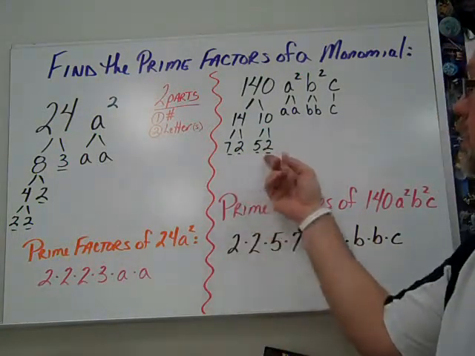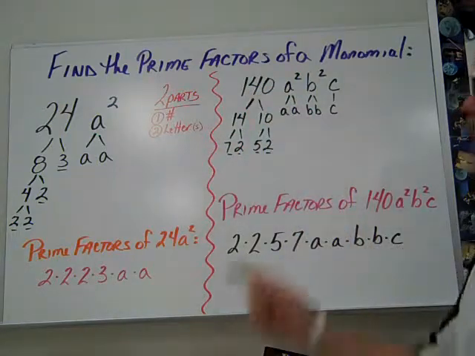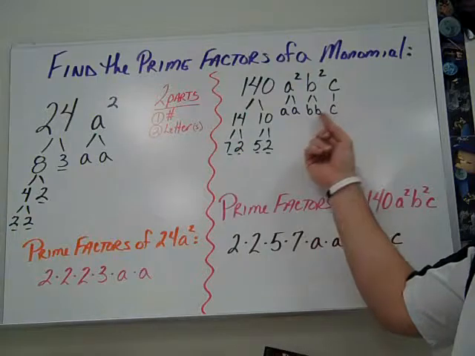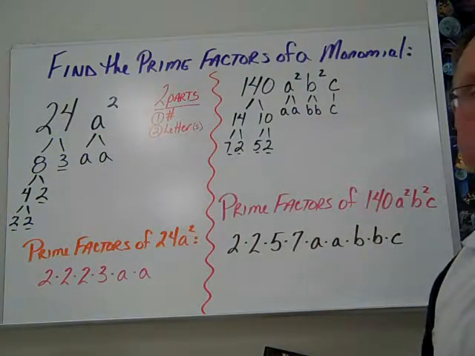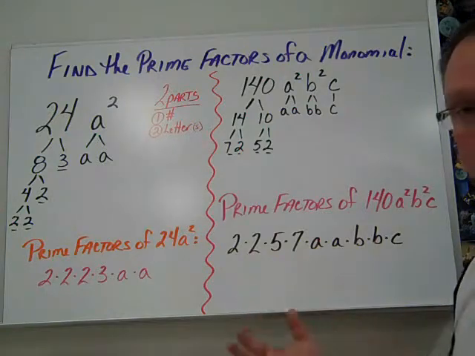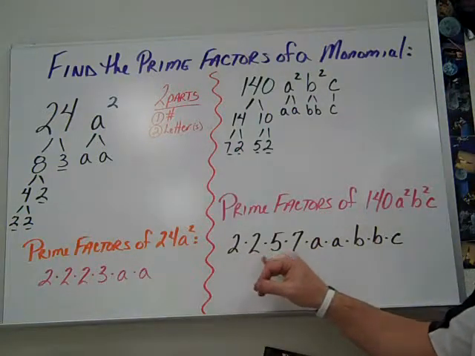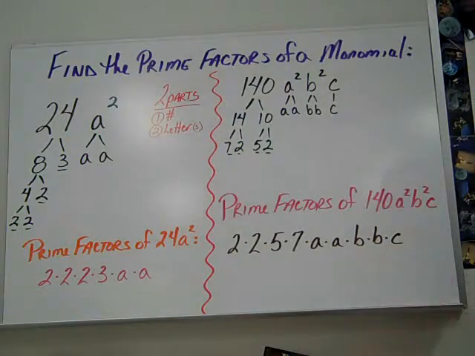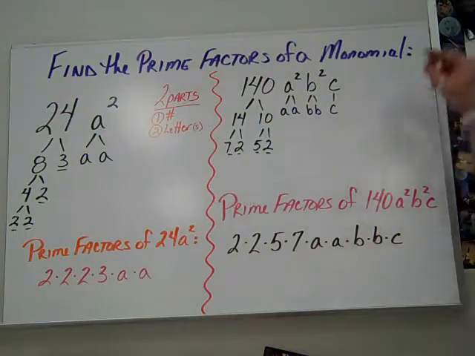So these are the prime numbers for 140. For our letters, we have two a's, two b's, and one c. So if we were to write this out in expanded form, we'd have two 2's, a 5, a 7, two a's, two b's, and a c. And those are the prime factors for those numbers.